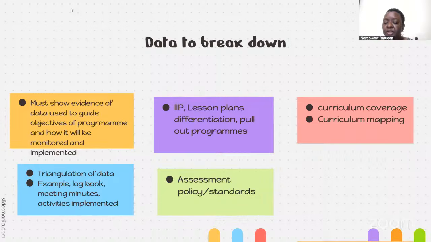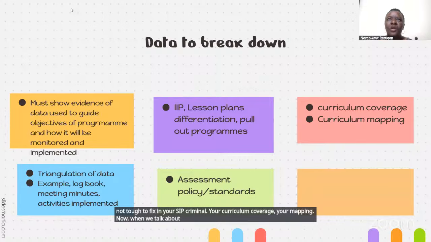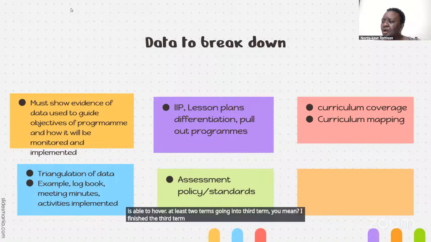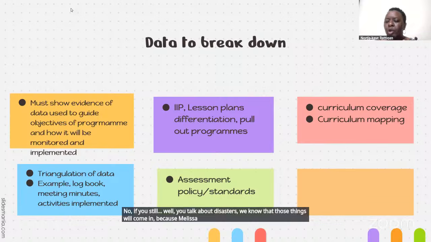Your curriculum coverage, your mapping. Now, when we talk about coverage, we want to know if your team is able to cover at least 2 terms. Going into third term, you may not finish the third term, but you're there at the end of June. Now, you talk about disasters, we know that those things will come in because Melissa would have cut down and cut back on some of the teaching and learning time.